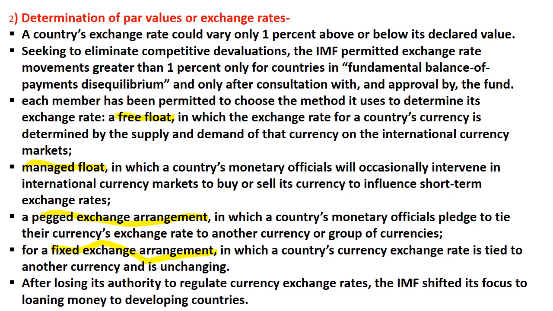Okay, then after losing its authority to regulate the currency exchange rate, IMF shifted its focus from that to loaning money to the developing countries. So you have to remember the different exchange rate determination methods: free float, then managed float, then pegged exchange arrangement, then fixed exchange arrangement. Right.